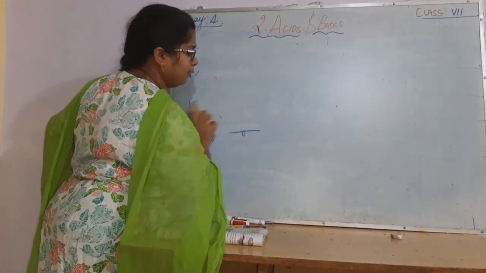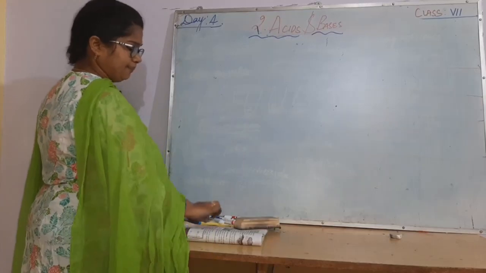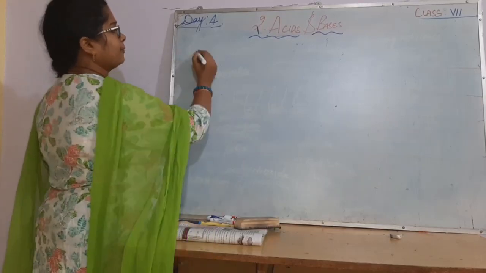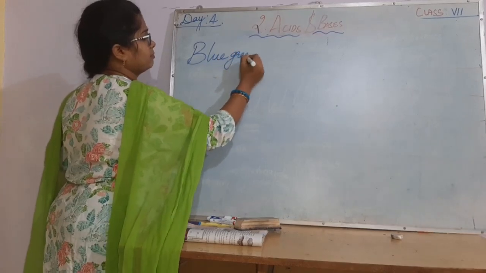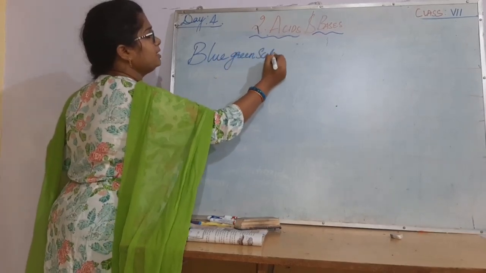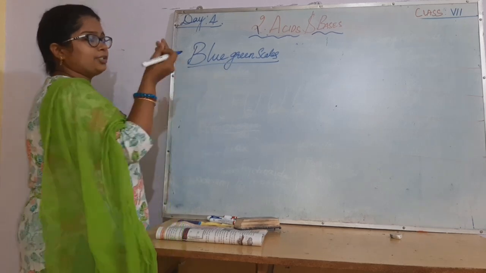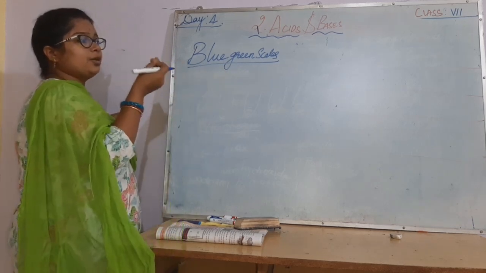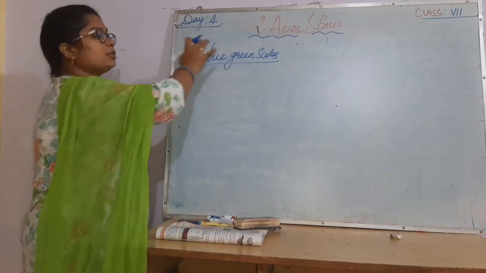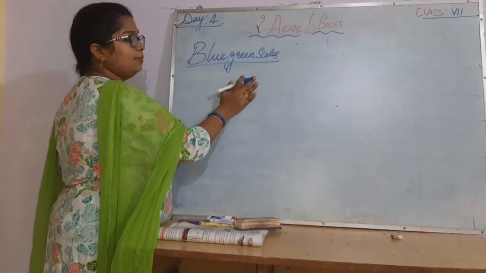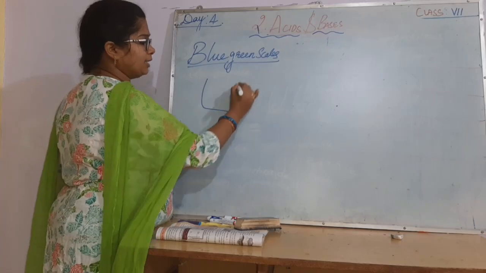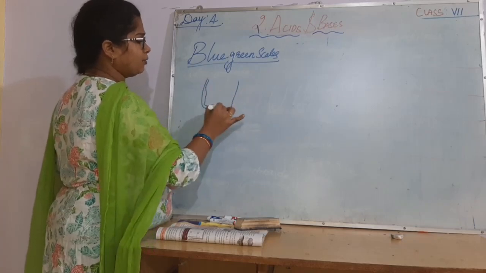Blue-green scales are formed. Means a blue-green color, like a texture, is formed, which is not good for your health. So the copper will be outside, and inside it will be coated with what?